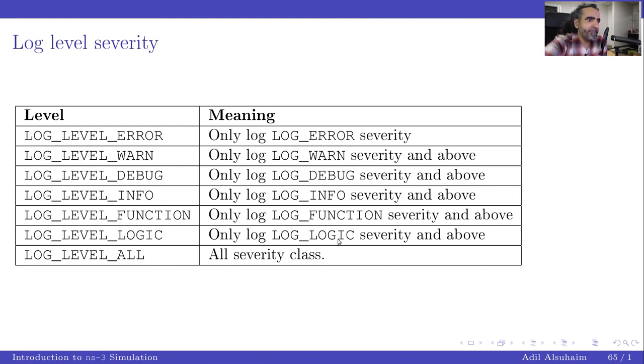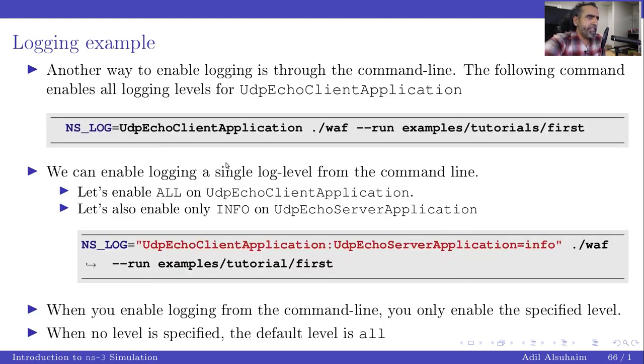And then logic is from logic all the way to error. Function logs function and above. Info logs info and above. Debug logs debug and above, and so on. I have examples of these in my code, and you can also see it around in ns-3.